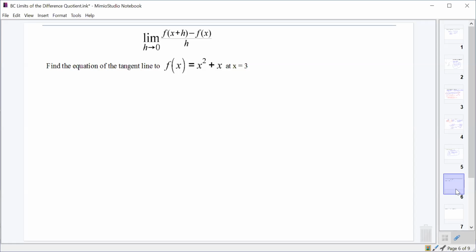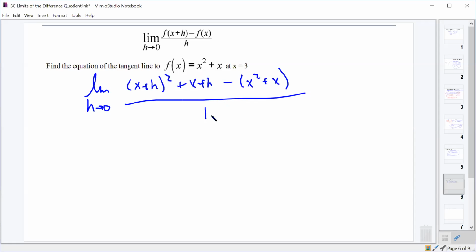But after that, you'll be able to use regular methods the whole way through. So we're going to find the limit as h approaches 0 of f of x plus h, which should be x plus h squared plus x plus h minus x squared plus x all over h. And we'll expand that out.